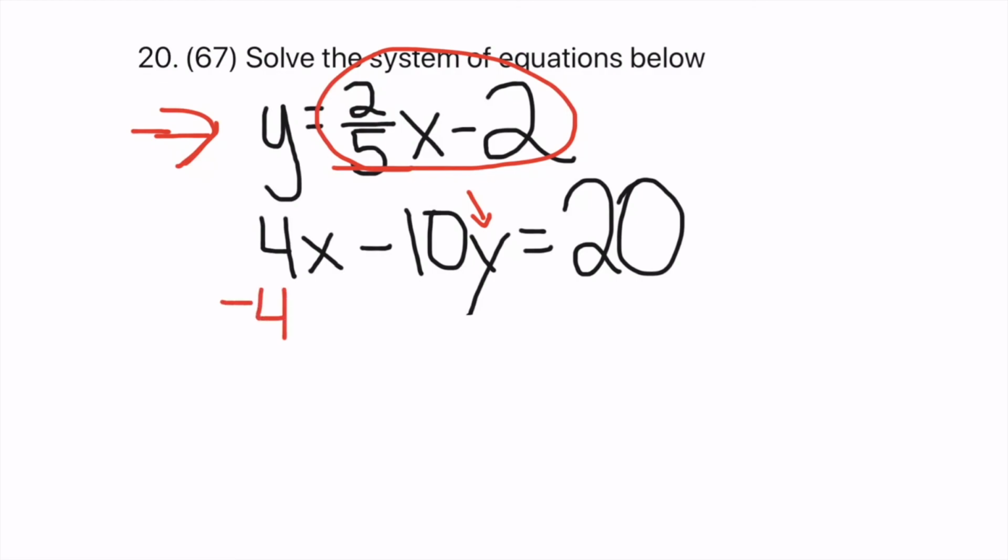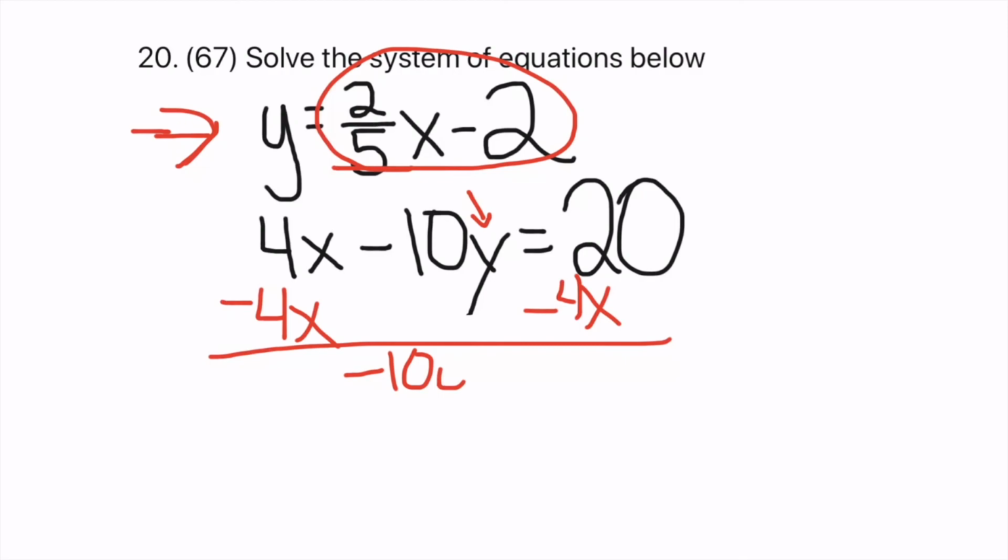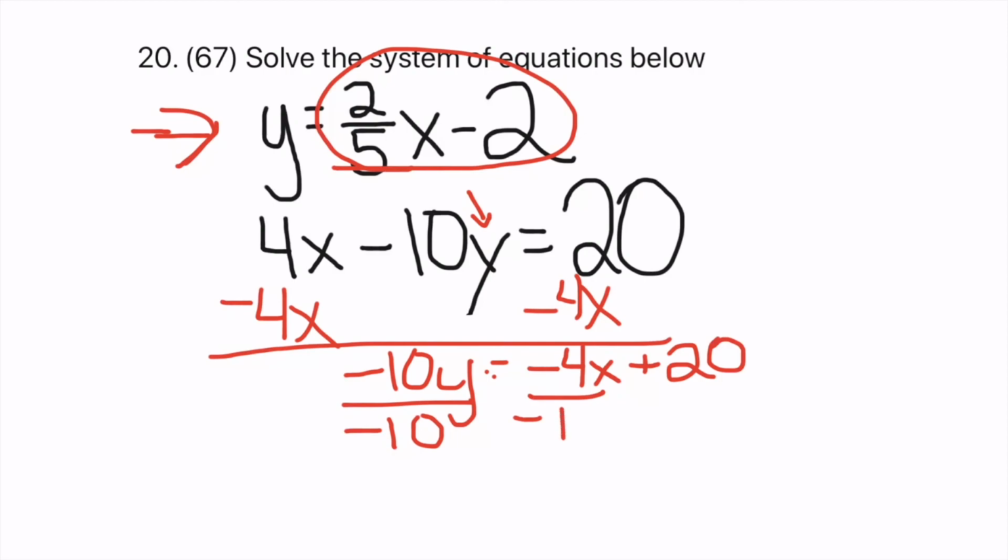So I'm going to subtract 4x. We have negative 10y equals negative 4x plus 20. Divide everything by negative 10.